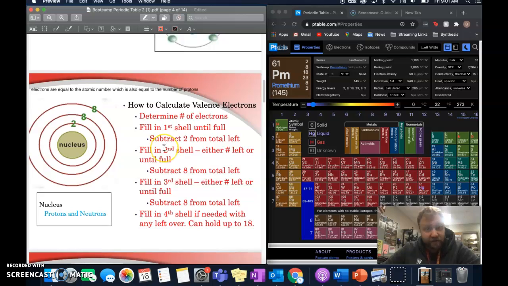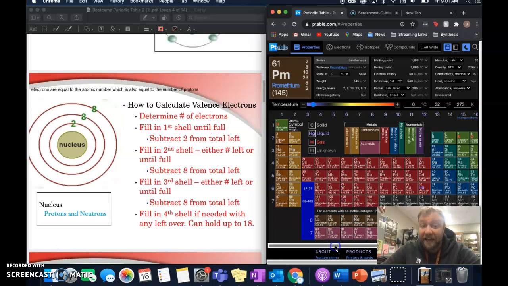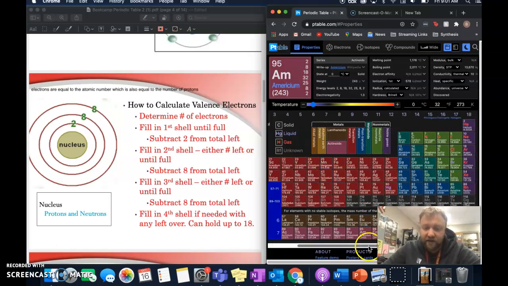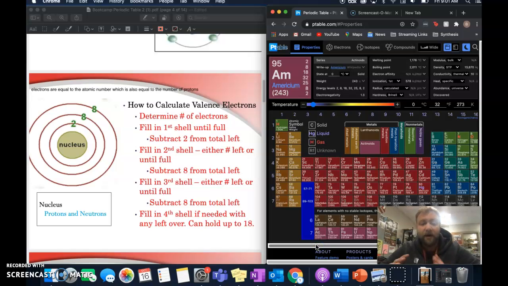The first shell can only have 2 electrons. This is the reason why, on our periodic table, the very first row, or period, or what we like to call an energy level, only has 2 elements, hydrogen and helium. So our periodic table basically mimics our atoms.